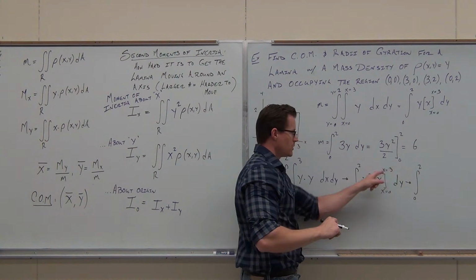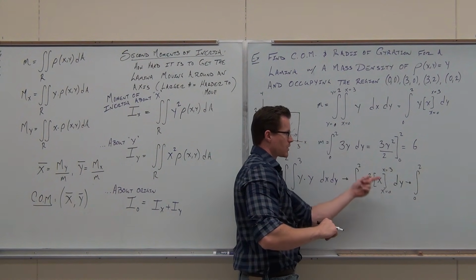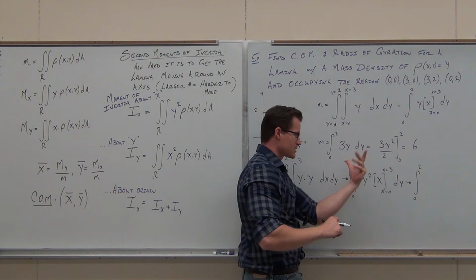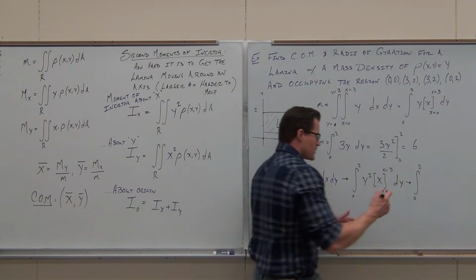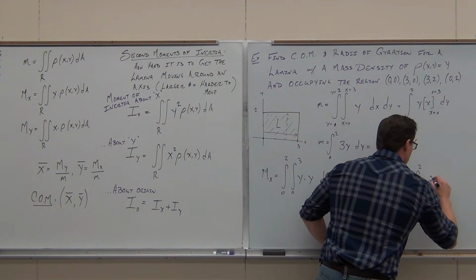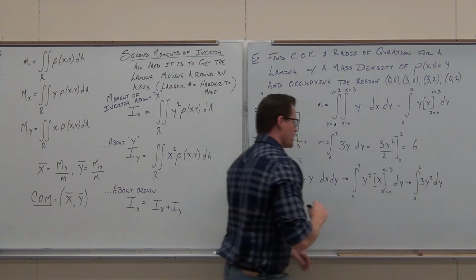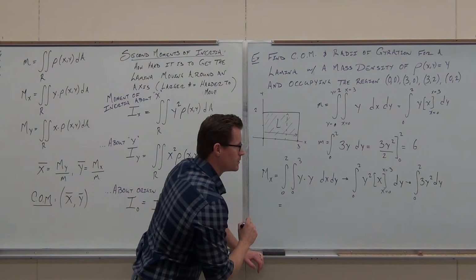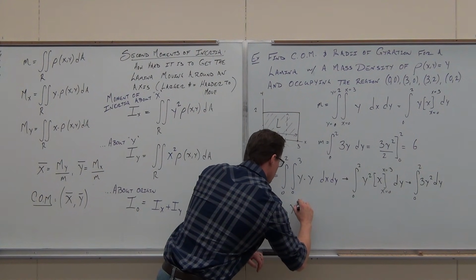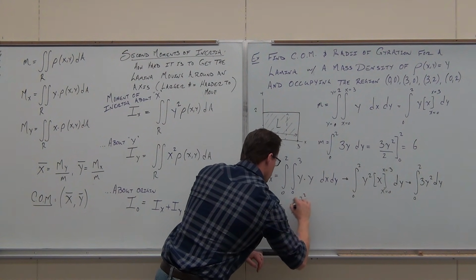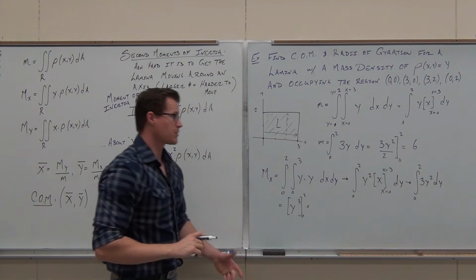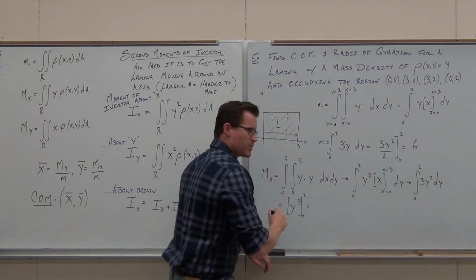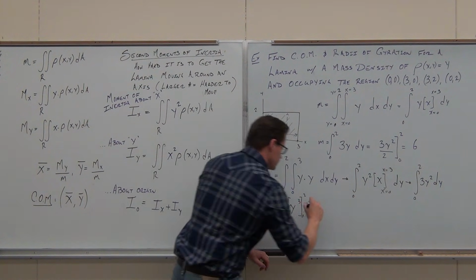If we plug in 3 and plug in 0, we're going to get basically the same exact thing. It's just going to be 3y squared that we integrate dy. Well, that's going to be y to the third from 0 to 2. How much is that going to give us? 2.